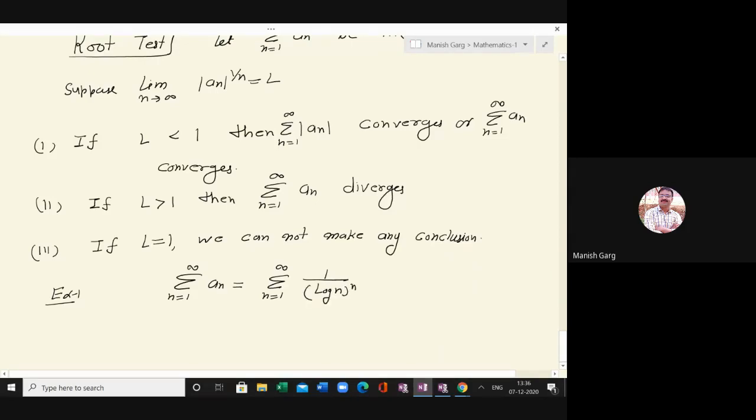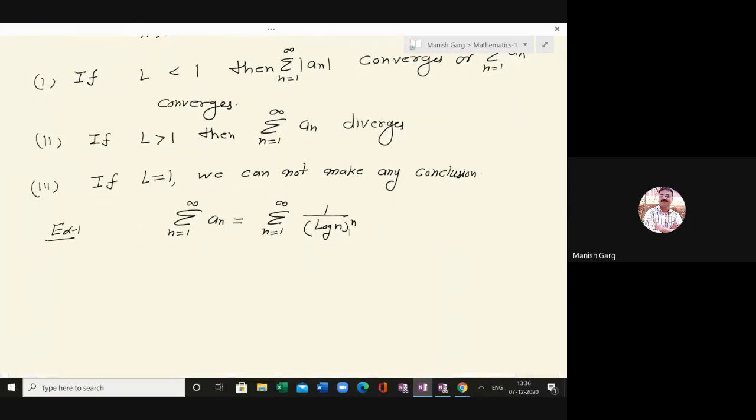You can solve it by the ratio test also, but if you solve it by the root test, it is so easy. So what I am saying is, if a(n) is some power of n, always try to apply the root test. What is mod a(n) raised to 1 by n?